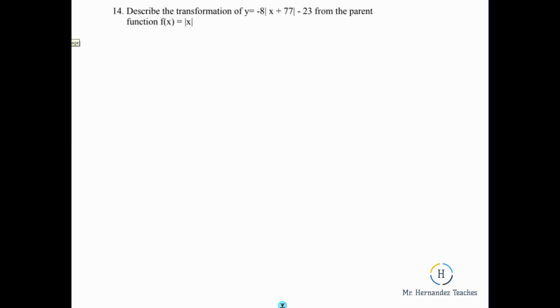Number 14, describe the transformation of that from the parent function. Okay, so reflected. We know it's reflected because this is negative. A compression by a factor of 8, because that's there.